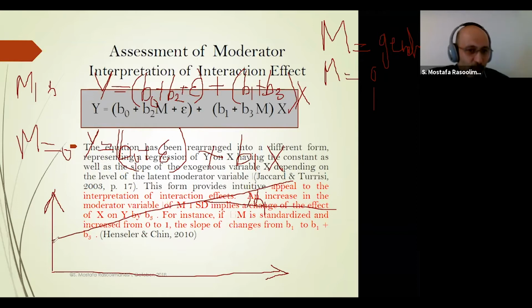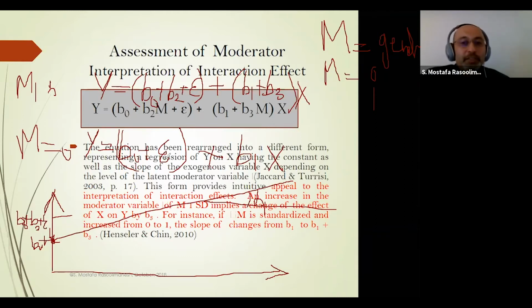Here the intercept was B0 plus error, but for this one it will be B0 plus B2 plus error.